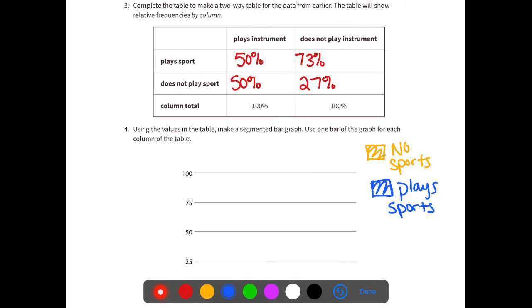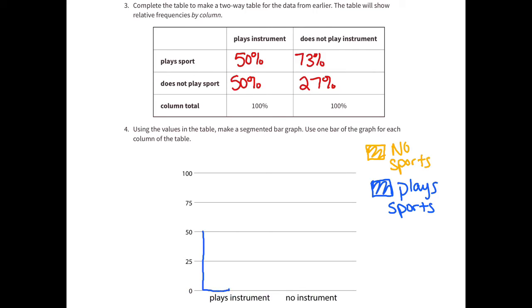Okay, and then here is a two-way table from the data earlier showing relative frequencies by the column. And so now we are looking at the sports. And so using the values in the table, we are making a segmented bar graph. And so for the plays, we will go up to 50 and mark that in.